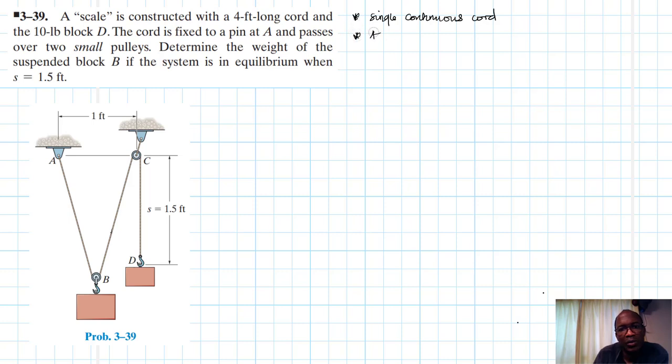Okay, we are assuming that there is no friction between the two pulleys and the cord.